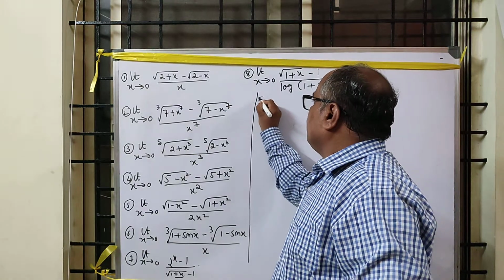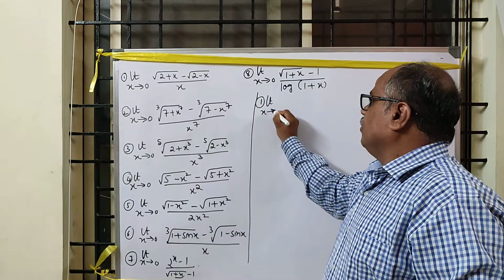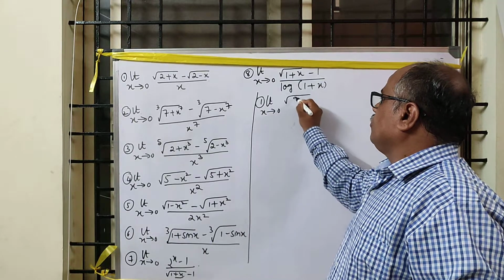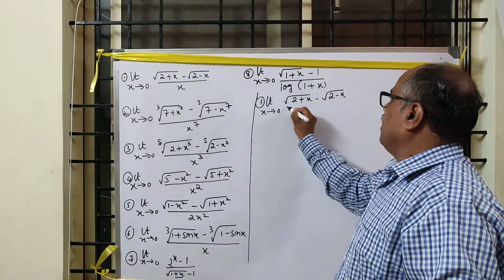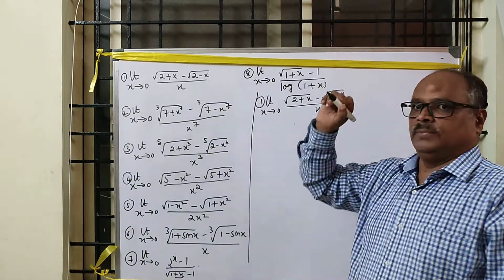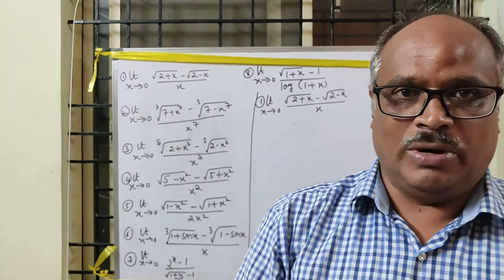Look here in the first problem: limit x tends to 0, square root of 2 plus x minus square root of 2 minus x, divided by x. First, what we do is rationalize the numerator.